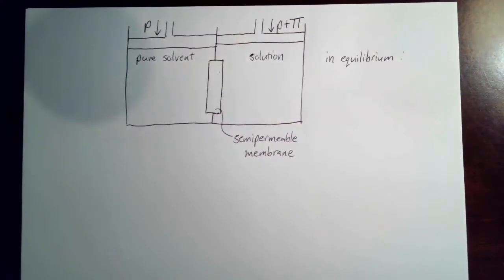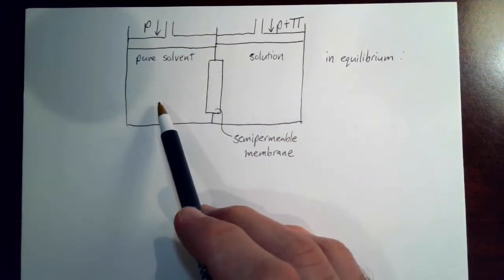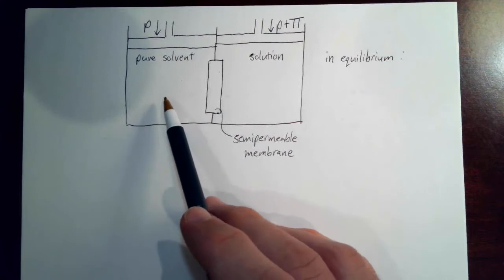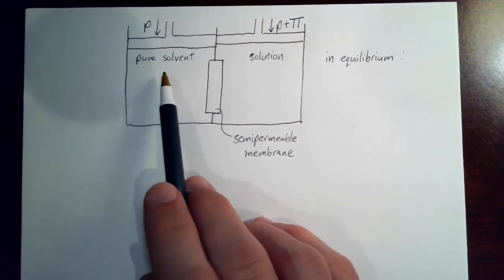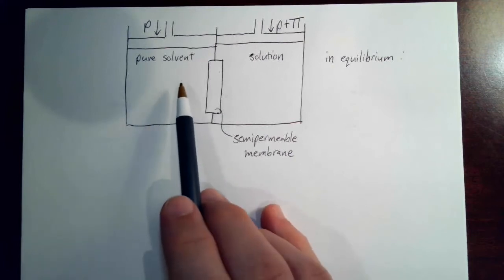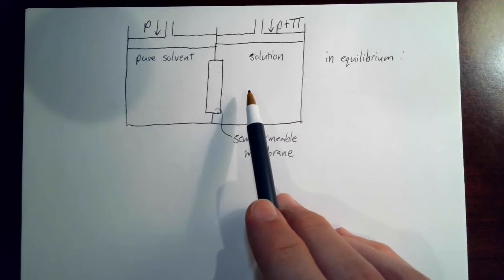So if they're in equilibrium, then we can express that using the chemical potential, which is what we've been doing in this chapter, and we're going to continue doing next chapter. So the chemical potential over here of the solvent must equal the chemical potential over here of the solvent.